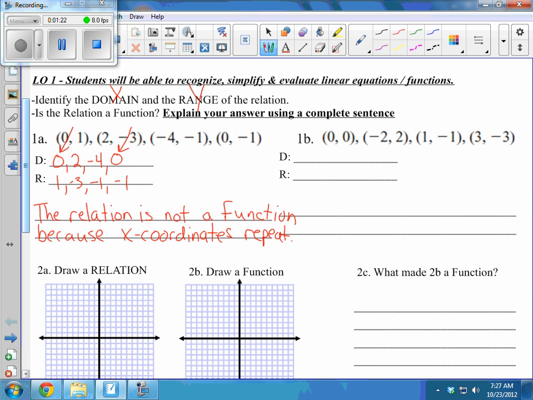All right, for number two, doing the same thing. My domain are all the x coordinates, and if you notice, they are different, and my range are the y coordinates. And so is this a function?